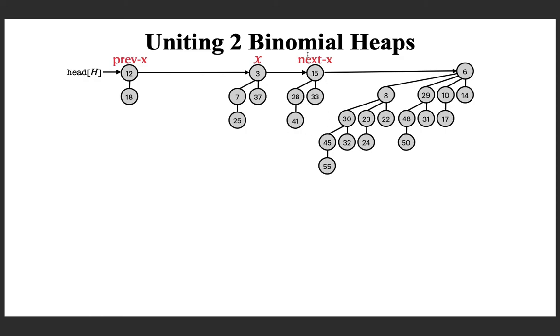So what will happen? This will go. This link should be repositioned to the node 6. That is what we have to do first. And if you remember the node structure, it is nothing but sibling of x. Sibling of x previously was pointing to 15. Now you make it point to whatever is the sibling of 15, which is 6.